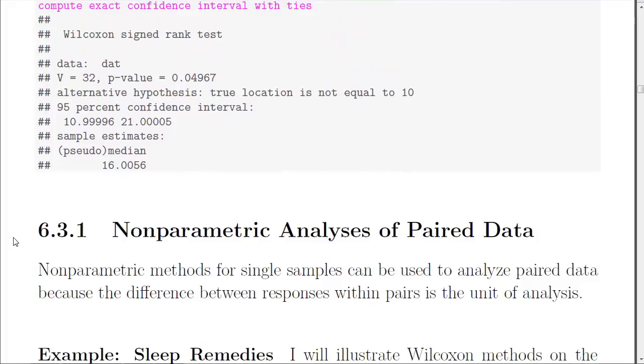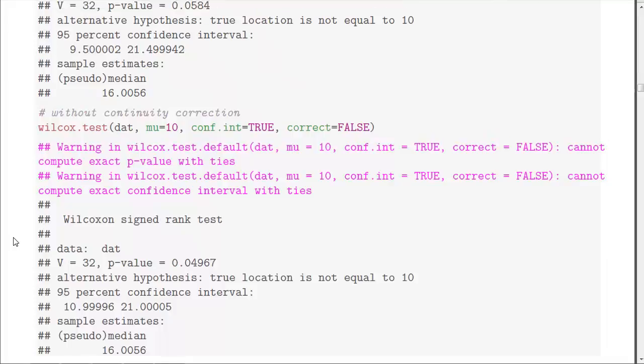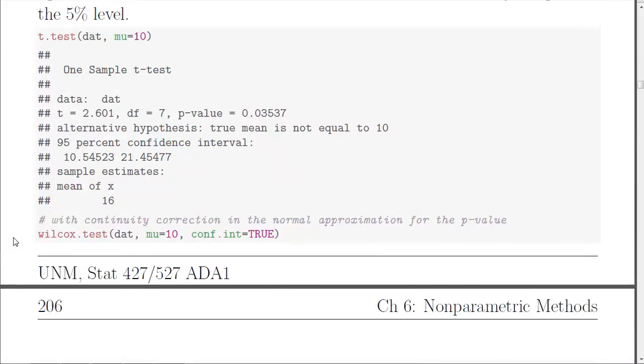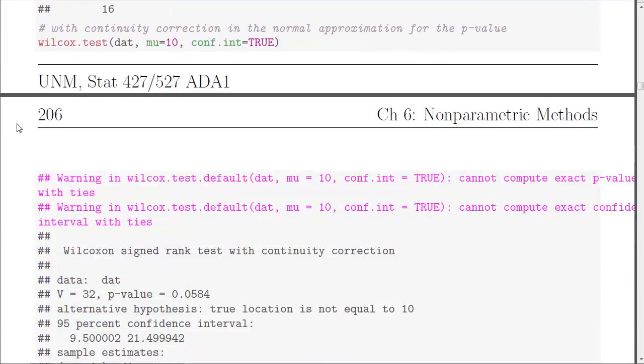Okay, so this often puts people in an uncomfortable situation. Here are three tests that we just did on the same data with slightly different assumptions. The t-test assumes that the sampling distribution is normal. We rejected the null in favor of the alternative. And the Wilcox test we ran in two different ways.